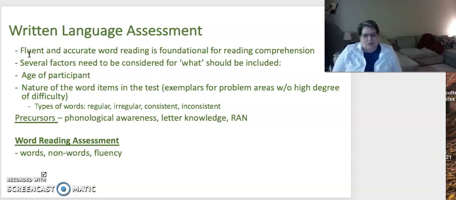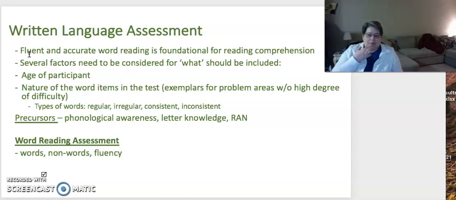We also may want to examine precursor skills like phonological awareness, letter knowledge, and rapid automatized naming, which is relevant for being able to access the orthographic form and pronounce the word, to access its phonology in an efficient way.